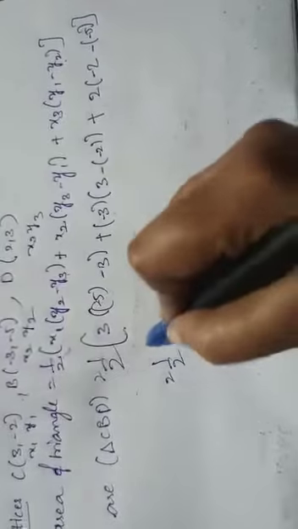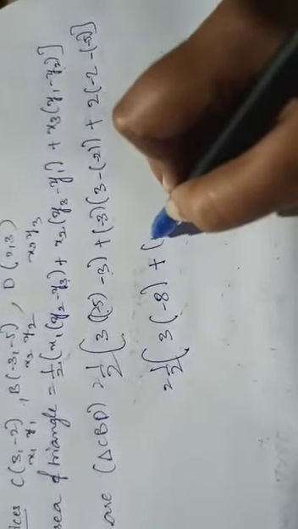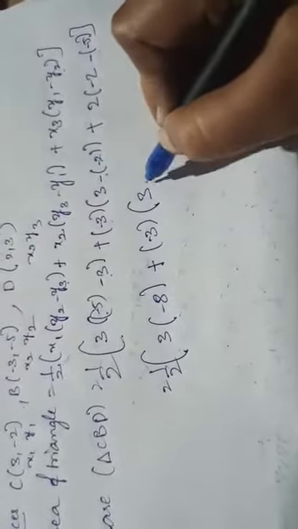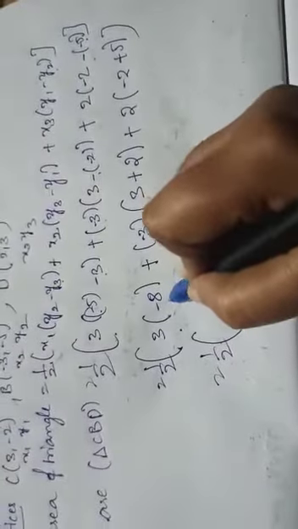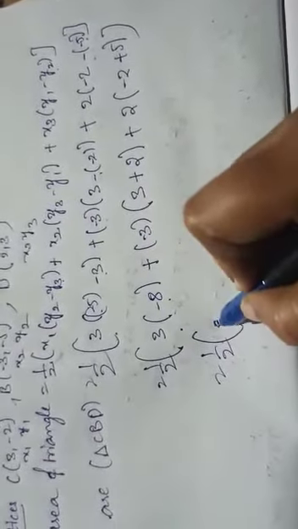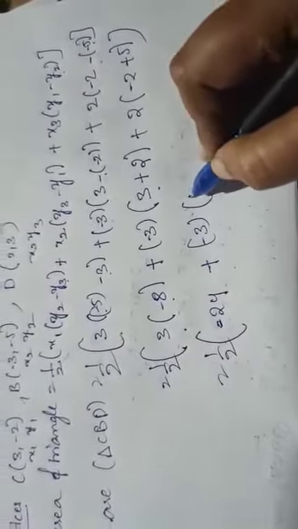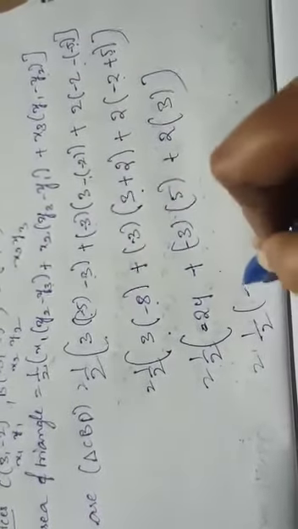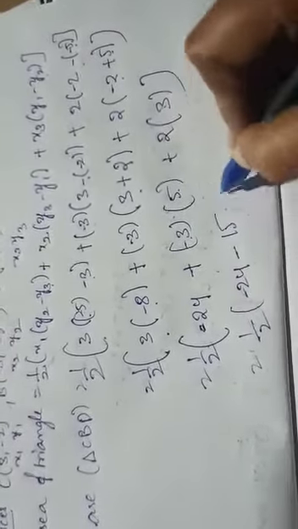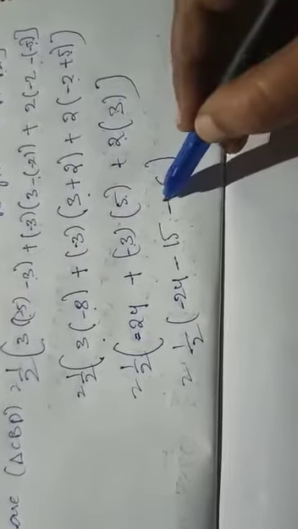1/2 into 3 into (-5 minus 3), that is -8, plus -3 into (3 minus (-2)) plus 2 into (-2 minus (-5)). 3 eights are 24, so minus 24, minus 3 into 5 is 15, plus 2 into 3 is 6.